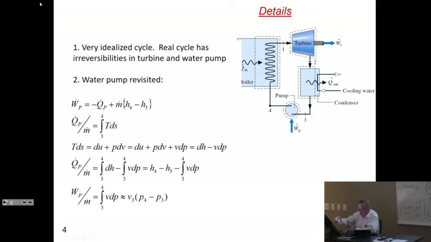Work that out, and you have that the heat is dH minus VdP. This dH is, of course, H4 minus H3. And here you have this integral of VdP between 3 and 4. Now, V doesn't change much with P, but dP is very large. So actually your fluid in the pump heats up.